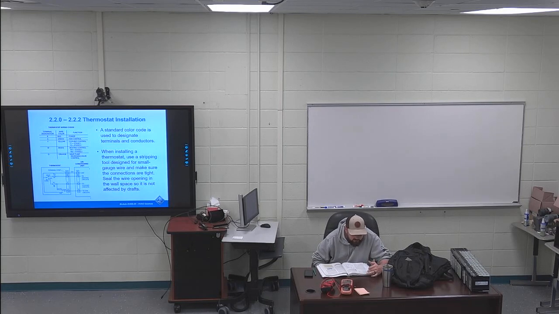Usually you're hanging this on an interior wall, but the important thing is 5 feet above the finished floor with good air circulation. A lot of times this is in your hallways and wherever your return is. That's just where it is most of the time.